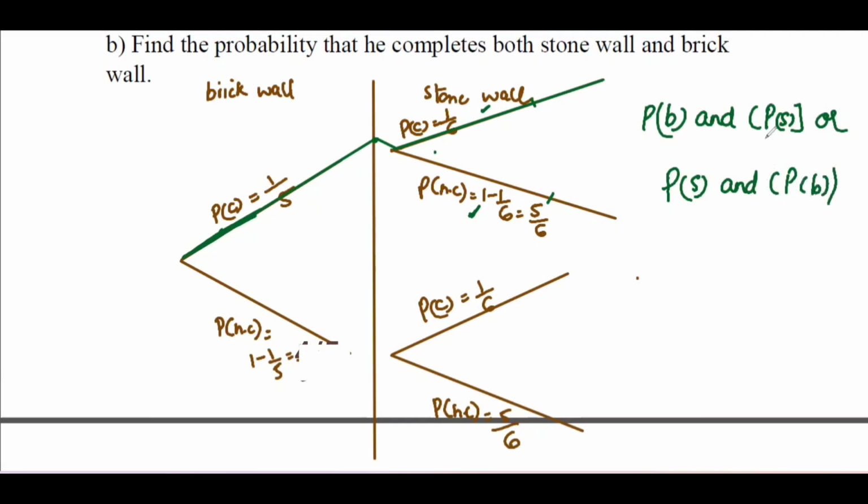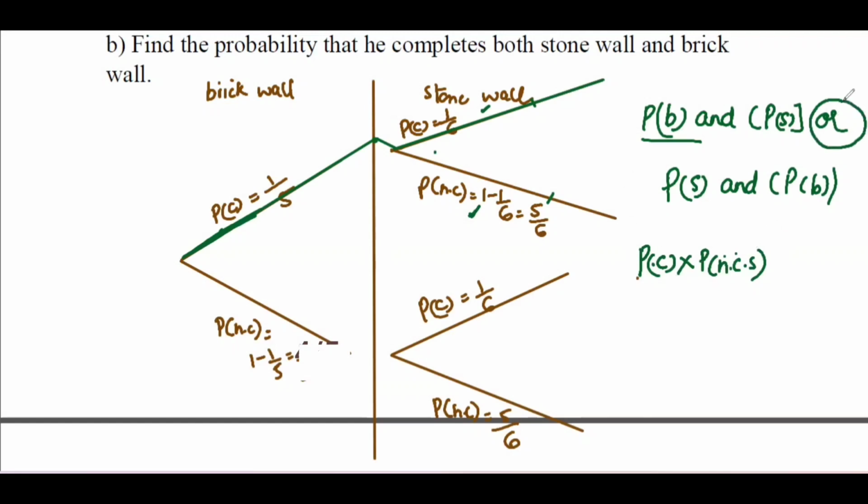These are two conditions. So if I interpret this in a mathematical format, probability of completion of brick wall, AND, that means multiply, probability of not completing stone wall. So 'and not completing stone wall' is just an acronym that I have written.